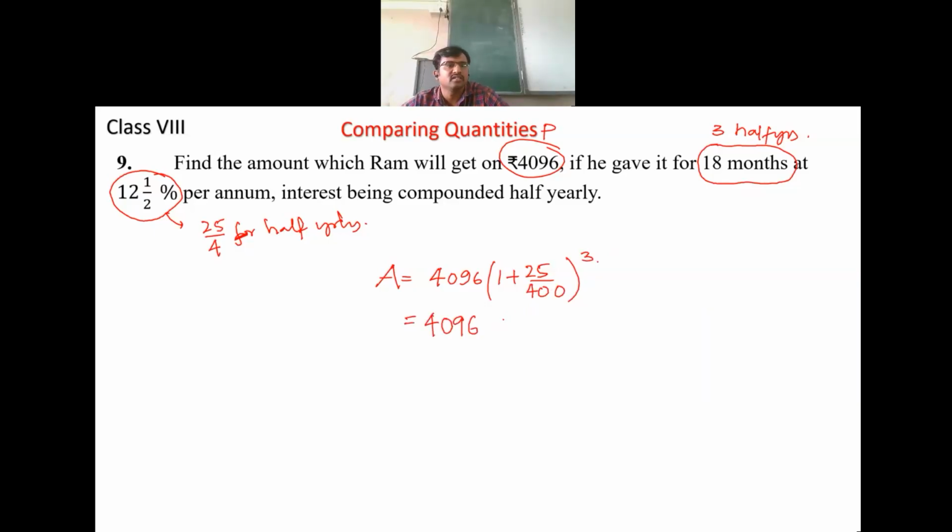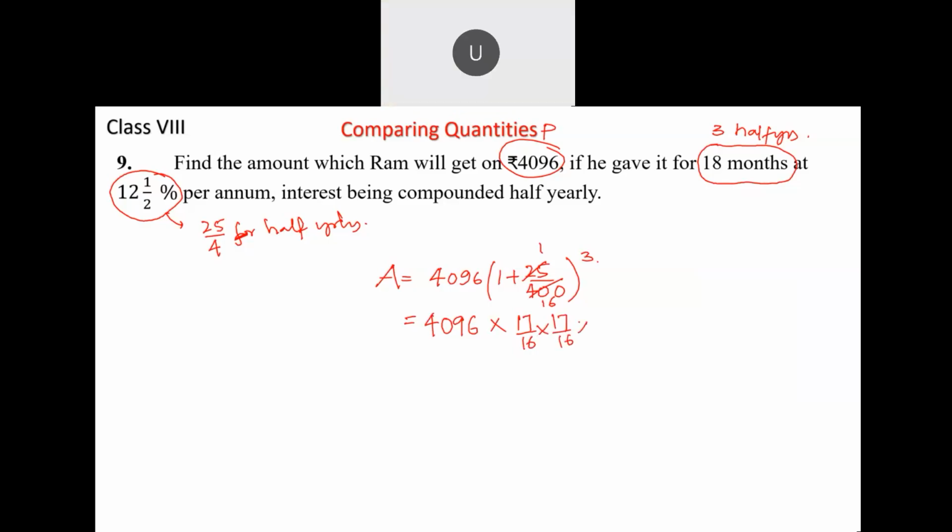17 by 16 to the power 3. So we get 16 plus 1, 17. 17 by 16 into 17 by 16 into 17 by 16.